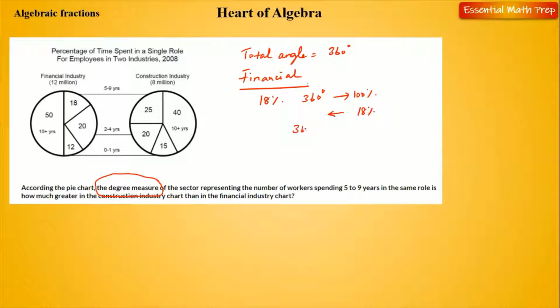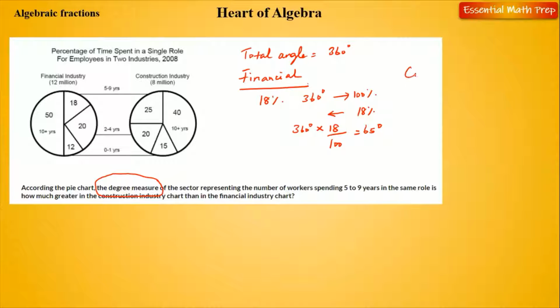That translates into 360 degrees times 18 over 100, which, if my math is correct, I think is around 65 degrees. You can round it off. So it's 360 times 0.18. Yeah, it's 64.8, and you can round it off to 65 because the answer choice may not be in decimal places. So that's for the financial industry.